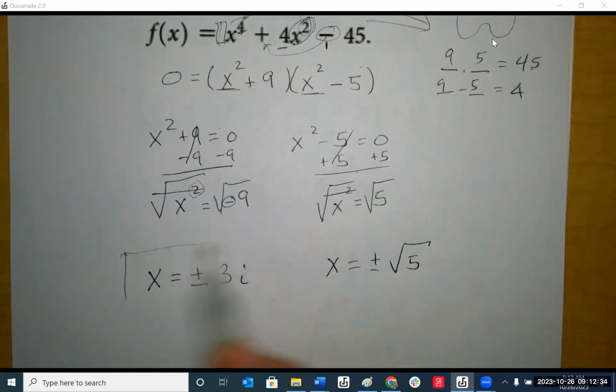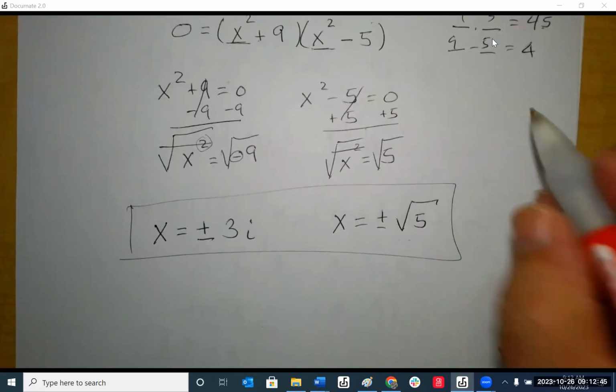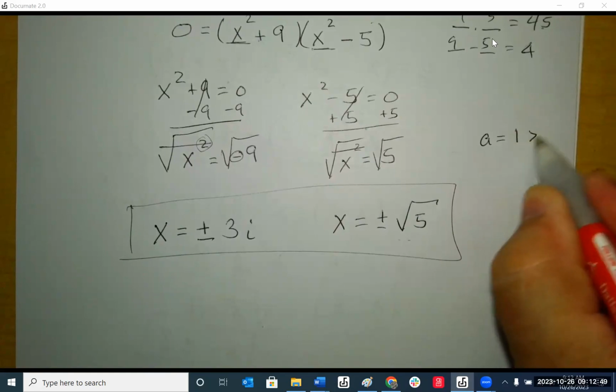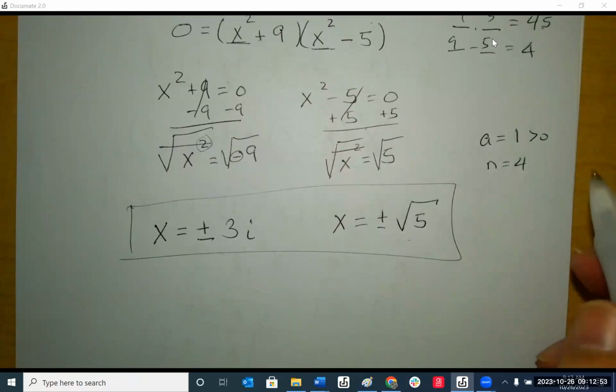So what is this graph going to look like? We only have two real solutions. We know a is 1. It's greater than 0. We know the degree is 4. So both ends have to go the same direction.